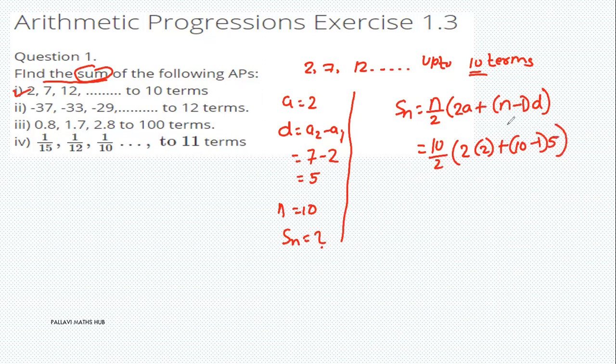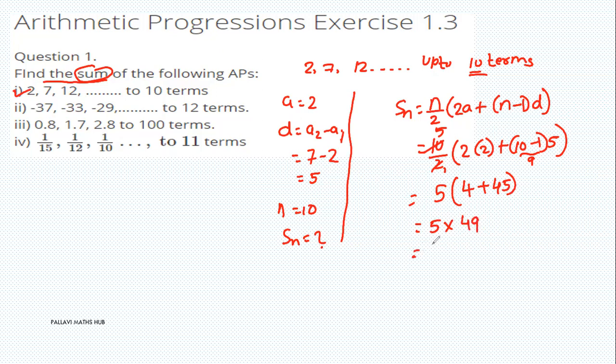Substitute all the values to the formula. So now 2 ones are 2, 5 twos are 5, so 5 into 2 twos are 4 plus 10 minus 1 is 9. 9 fives are 45.